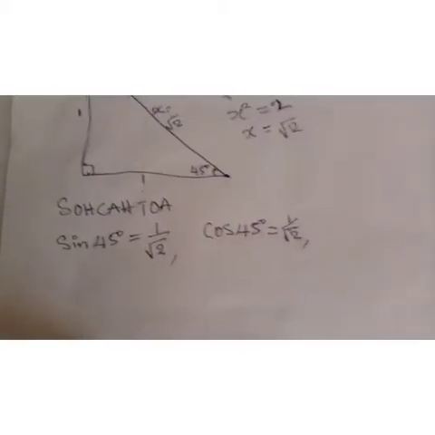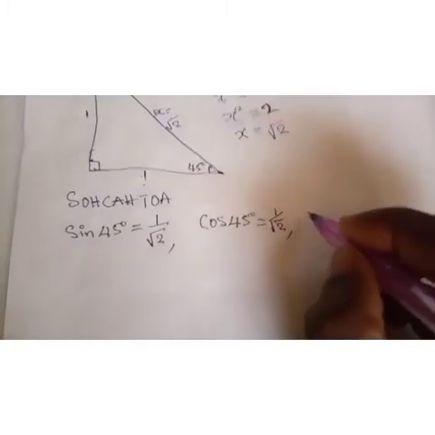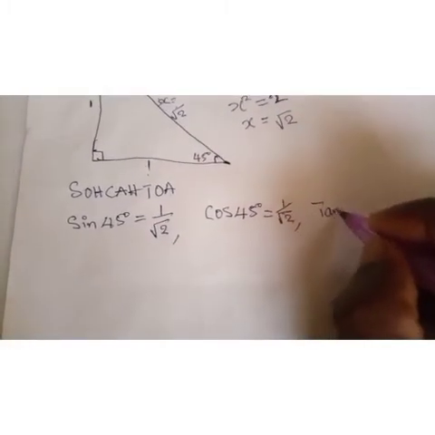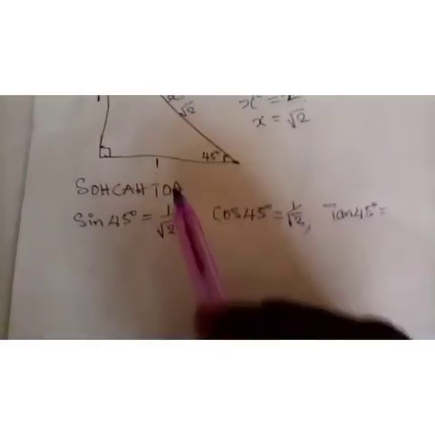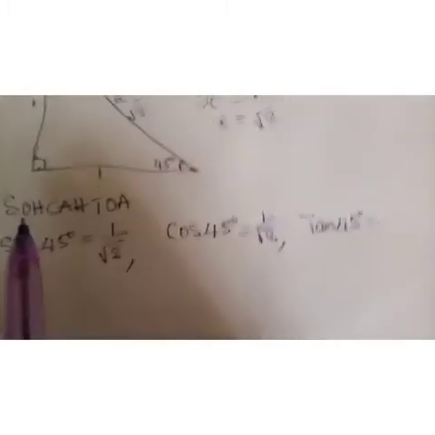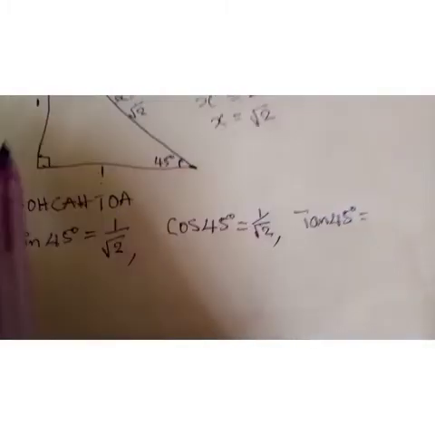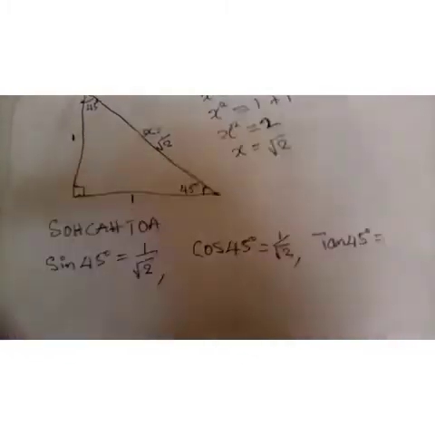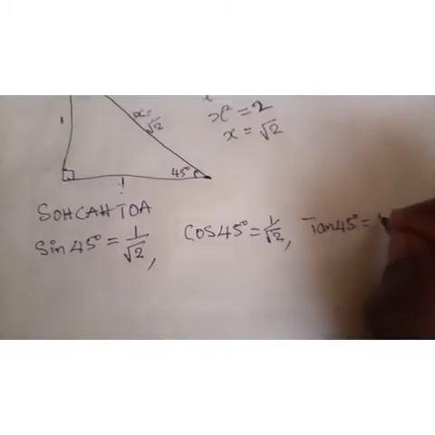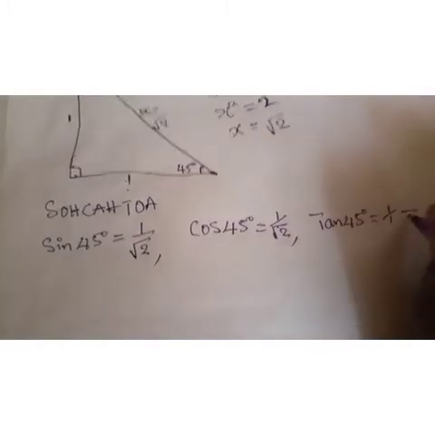Then we have tan 45 degree, and tan is opposite over adjacent. Our opposite here is 1, the adjacent is 1. So it's 1 over 1, which is equal to 1.